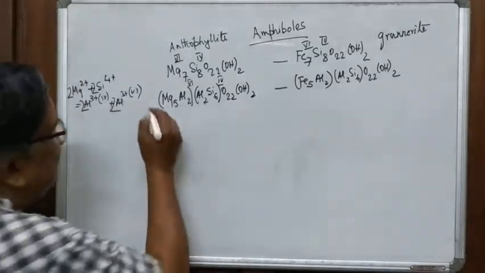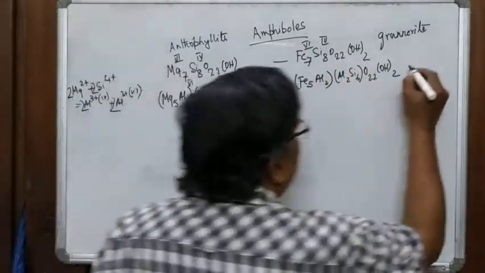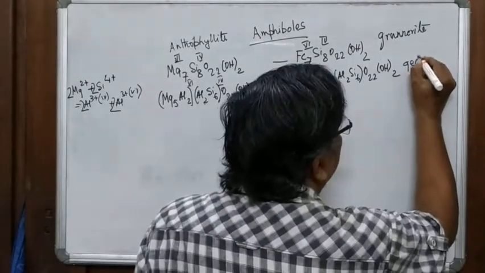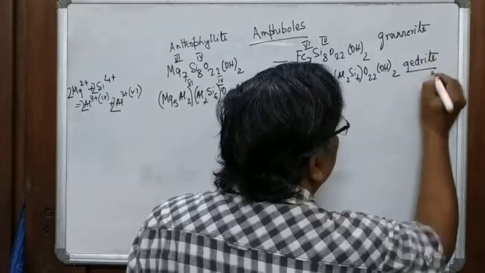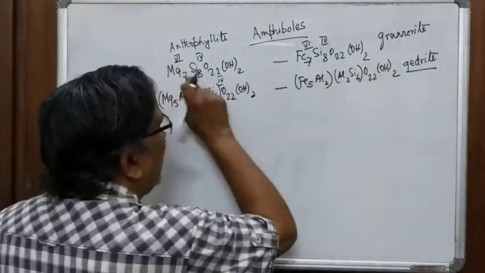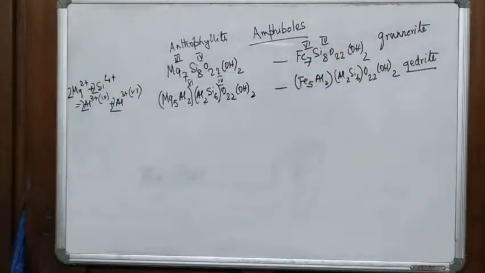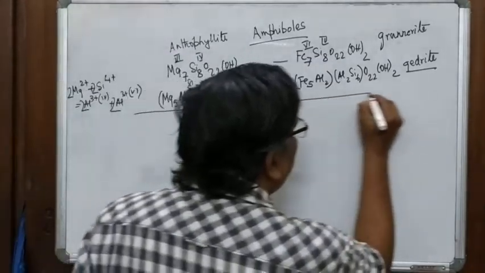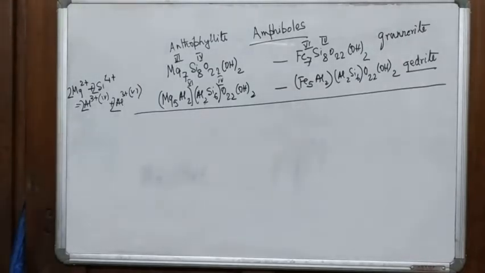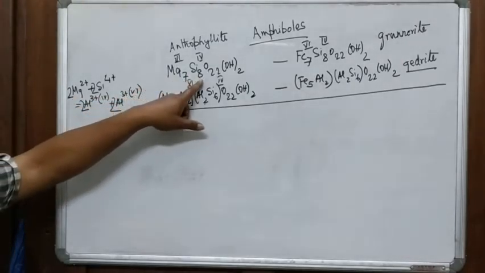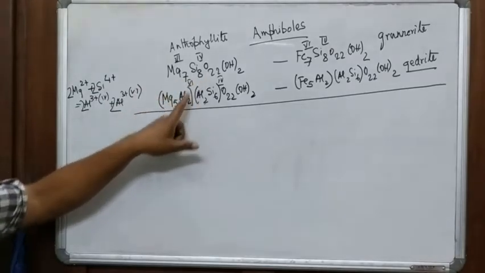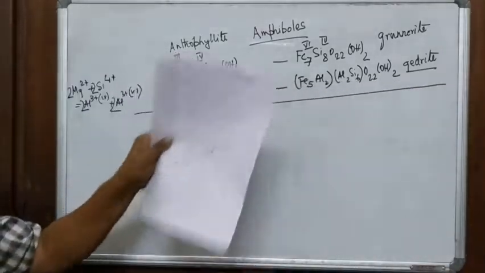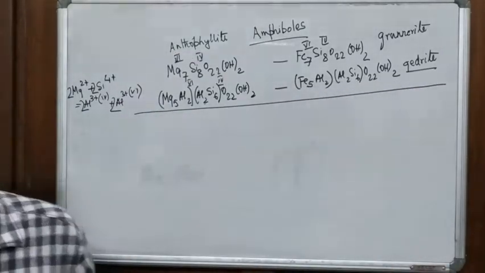So this was anthophyllite, and this is called gedrite. This is the gedrite solid solution series, and this is the anthophyllite-grunerite solid solution series. Both of these are orthoamphiboles. This is replacement of magnesium plus silicon by aluminium, and twice of that. So these are both orthoamphiboles.